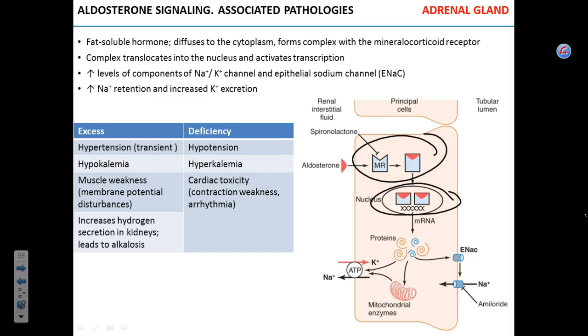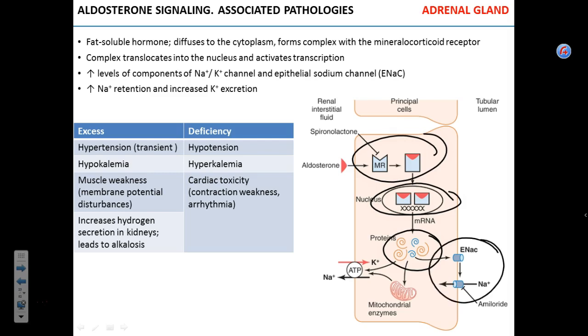You have RNA, and the RNA is translated into proteins. An interesting thing is which proteins are produced. So there are proteins that are produced as a result of aldosterone synthesis.